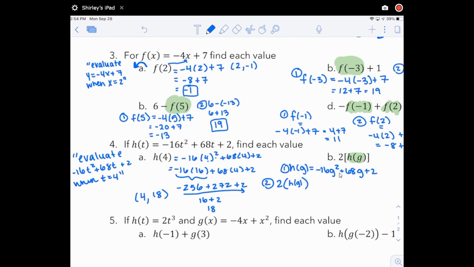So 2 times negative 16 is negative 32G squared. 2 times 68 is going to be 136G, plus 2 times 2, which is 4.